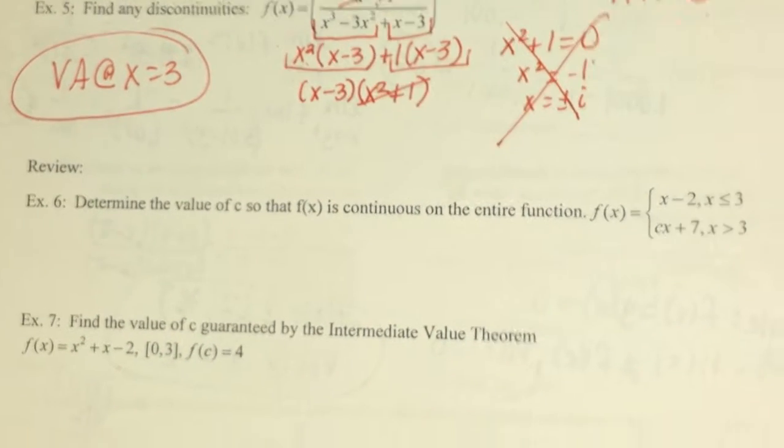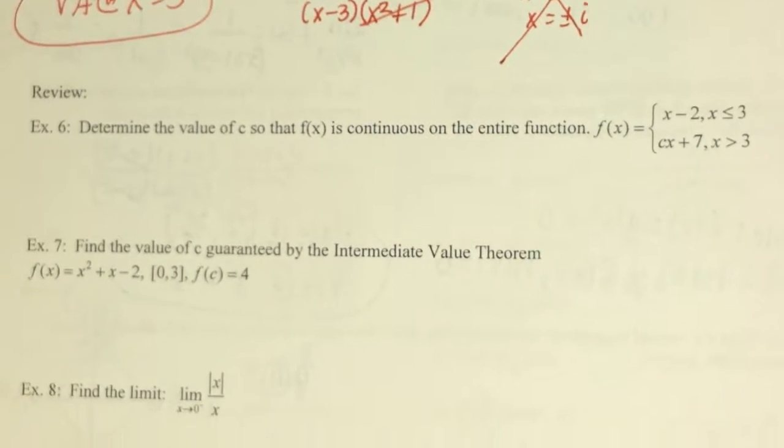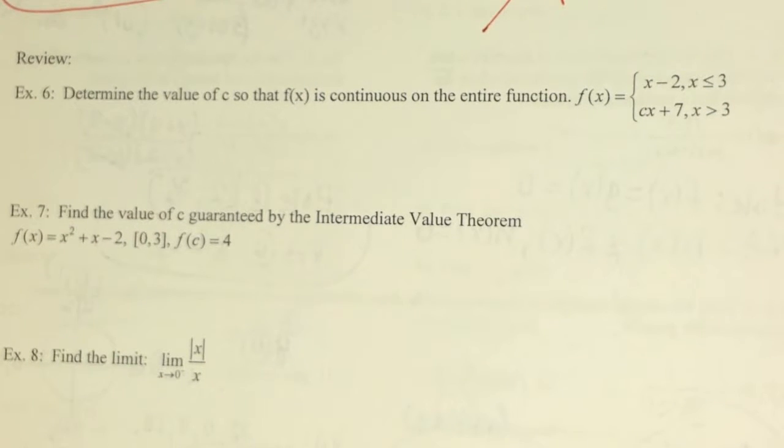Okay, the rest of these are kind of review, but let's do them together just to make sure everybody remembers what to do. Example 6. Determine the value of c so that f of x is continuous on the entire function. Who knows what to do for this kind of function to make it continuous? What do we do?